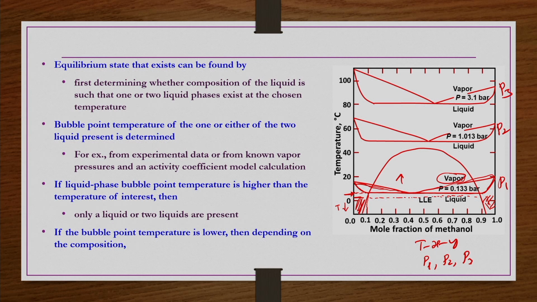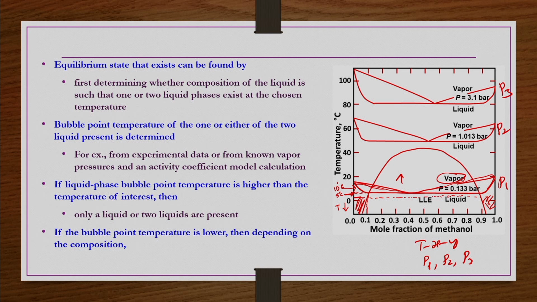right. Now, if the bubble point temperature is lower, then depending on the composition, this is the bubble point temperature, and then our temperature of interest is something here. Now, it is approximately how much? 10 degrees centigrade, earlier approximately 2 degrees centigrade. Okay. So, now the bubble point temperature is approximately something like 5 degrees centigrade here at the same composition.